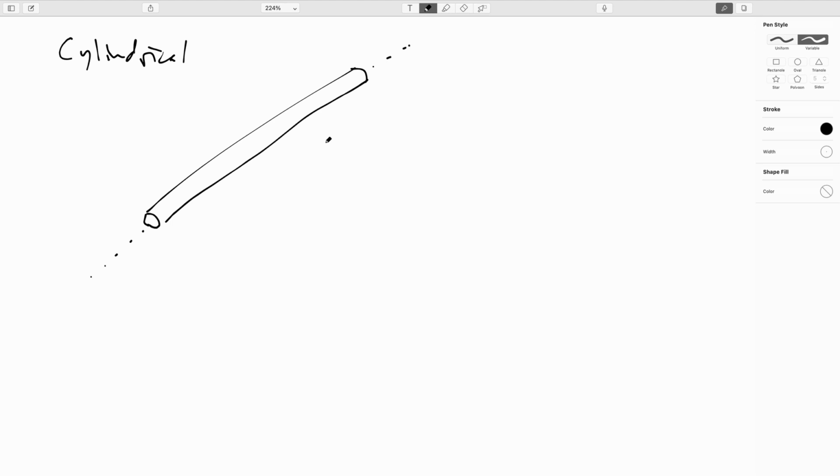And so here we have to have translational symmetry along the long axis, and we have to have rotational symmetry about the long axis, and we have to have reflection symmetry about every possible plane that cuts through the long axis.